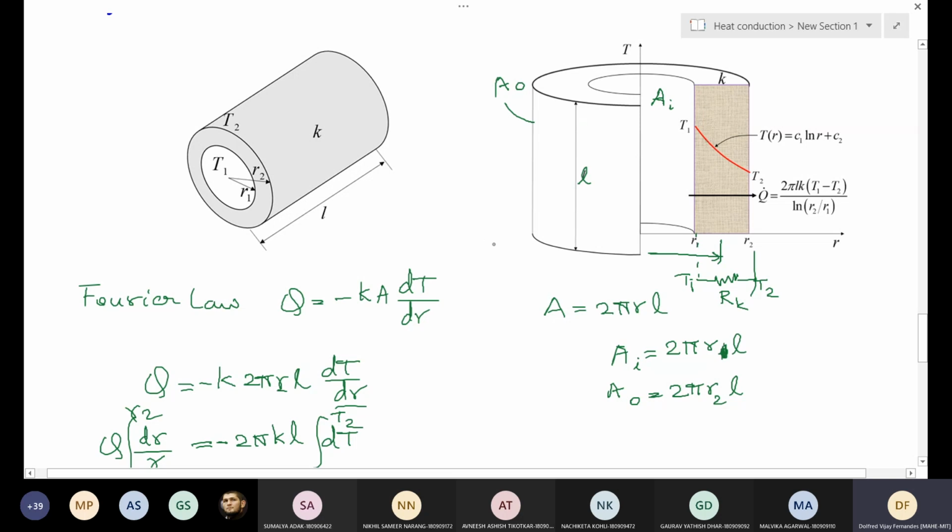The temperature gradient is high at the smaller radius, and it gradually decreases as you go radially outwards. The slope here is more. Temperature gradient means slope is more. The slope will decrease gradually along the R direction.